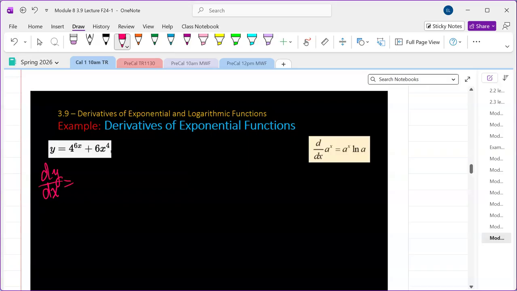So we're going to use our derivative of a to the x, but we're also going to use a chain rule in there. So it'll be 4 to the 6x times the natural log of 4, but also times the derivative of 6x, which is 6.